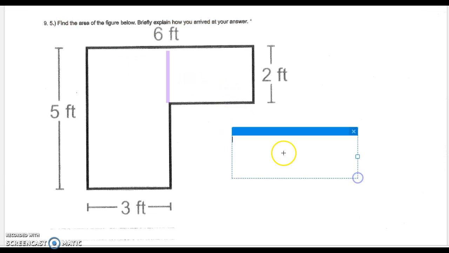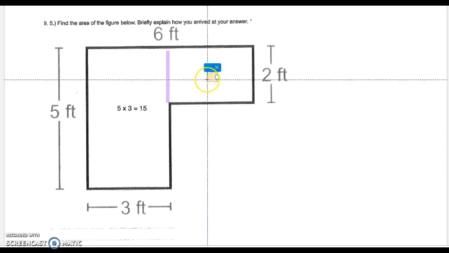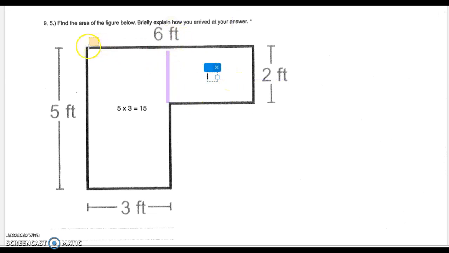So the first way, right here, you would end up with 5 times 3, length times width, which is 15. And then up here, if this whole length right here is 6, and I know that this is 3, then the rest of this must be 3.